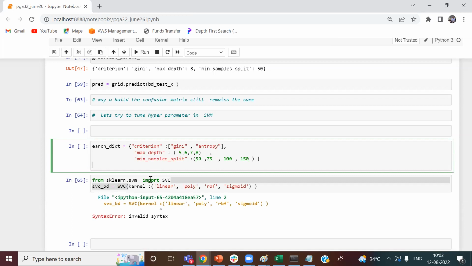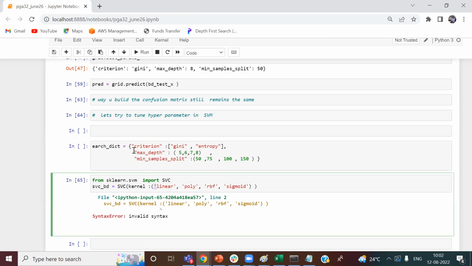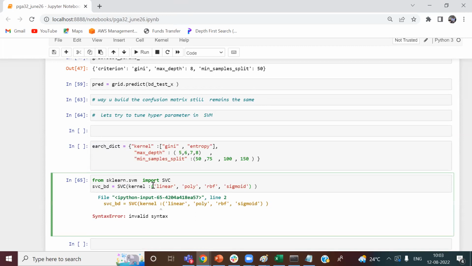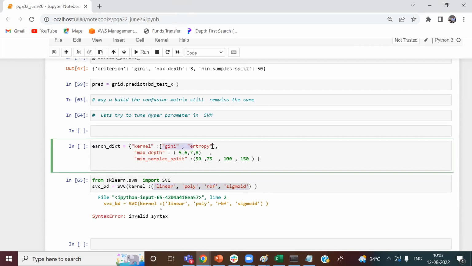Search dictionary, and in this I'll say kernel equal to these many.